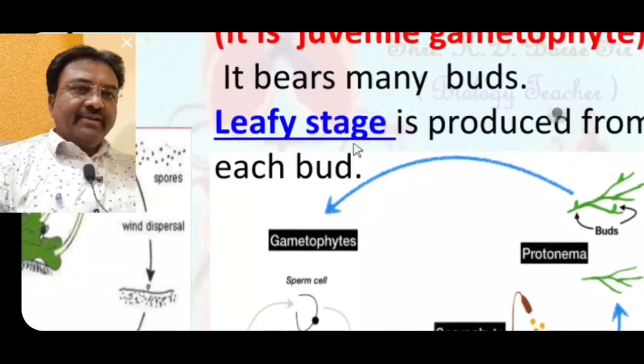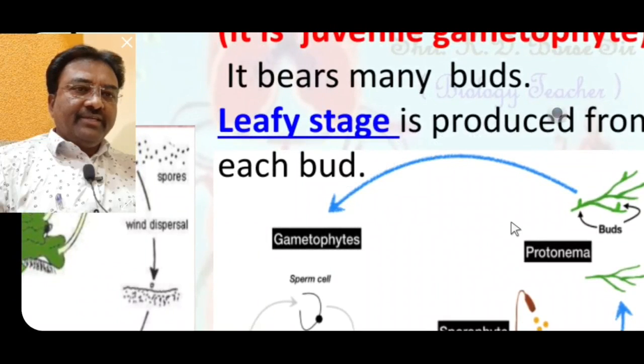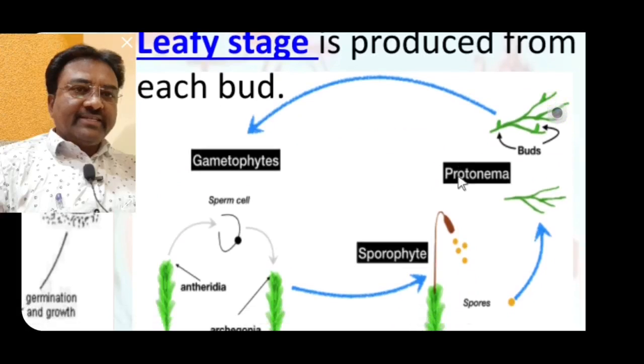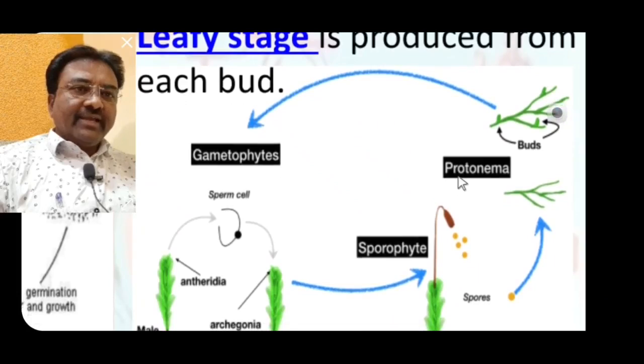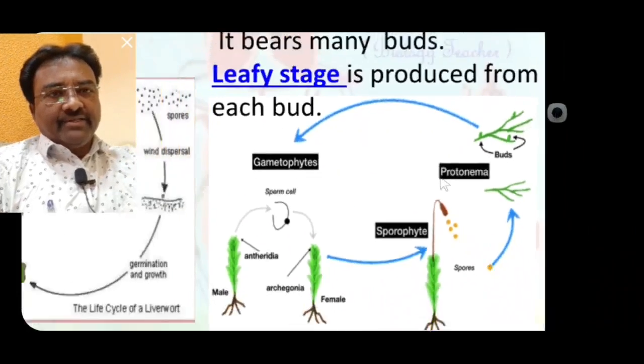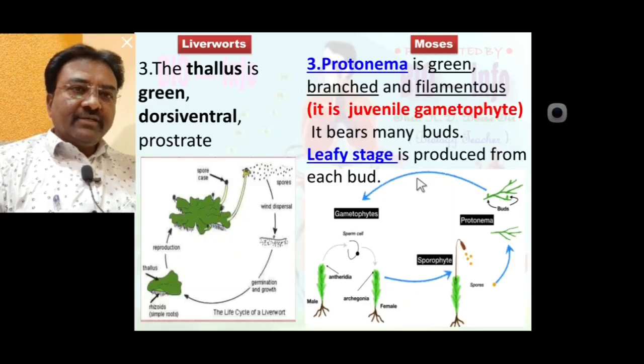Therefore, the leafy stage is produced from each bud of the protonema. So protonema and leafy stage are the two stages of the gametophyte seen in mosses. Always remember.